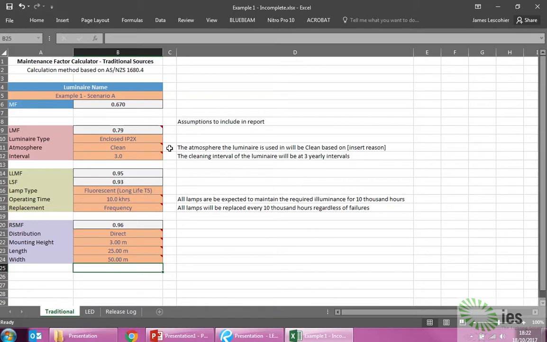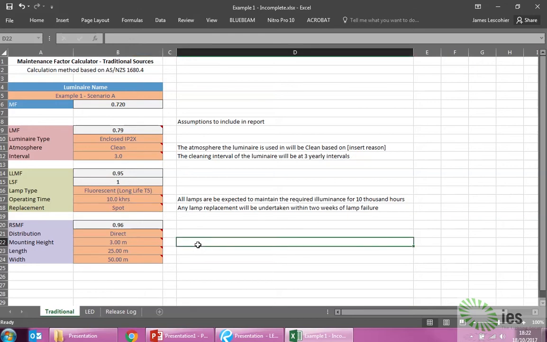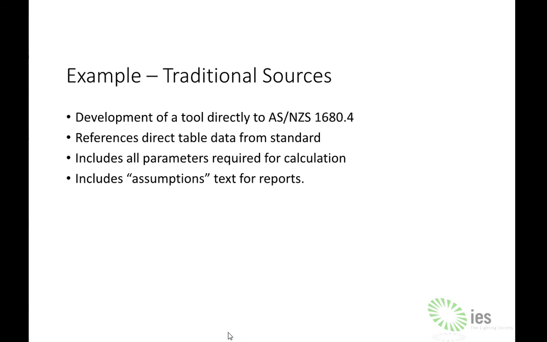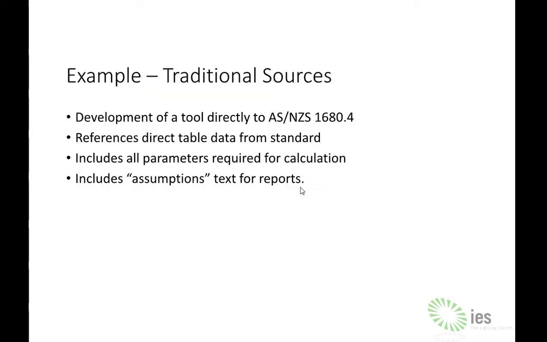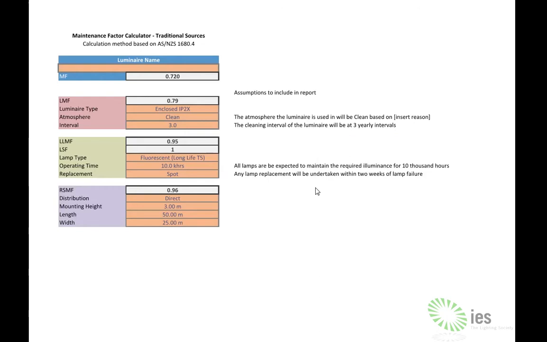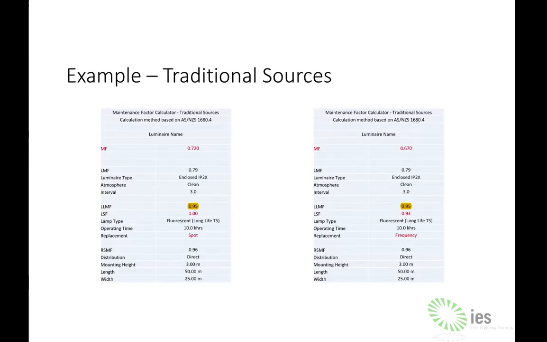There we go. LMF, LLMF, LSF, and RSMF are multiplied together to give us our overall maintenance factor. And then we can change that to spot, and it changes our maintenance factor. Nice and simple. Actually, I want to close that, otherwise I'm just going to end up with tons of Excel sheets. There's our numbers and our other one, and here's the two compared.